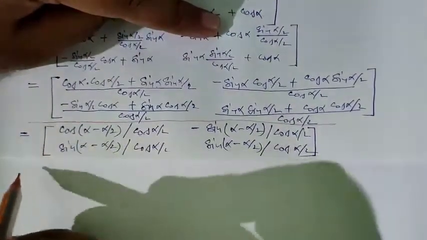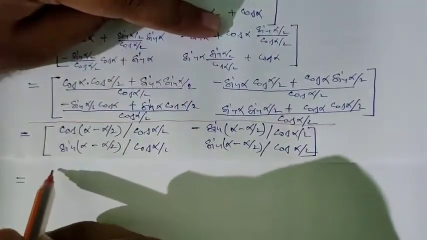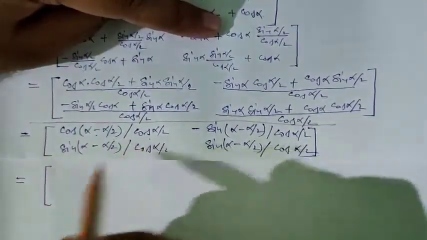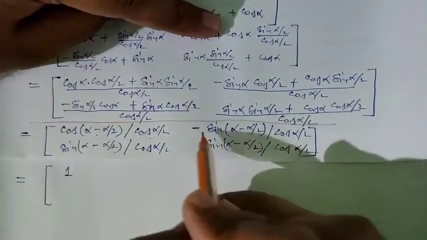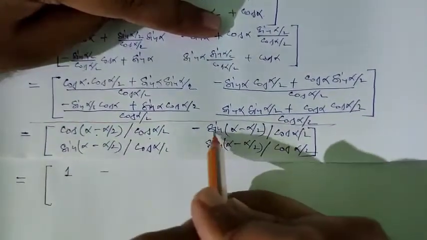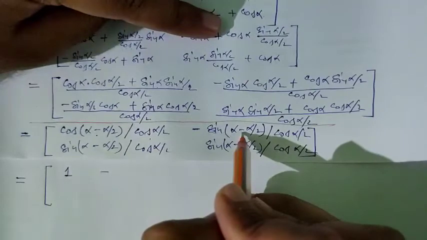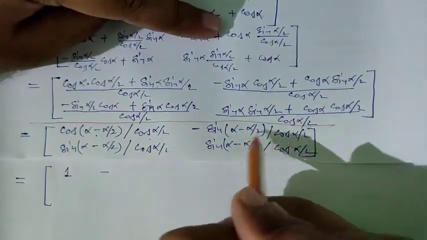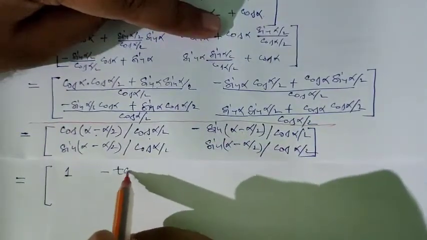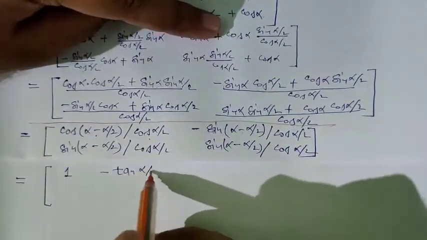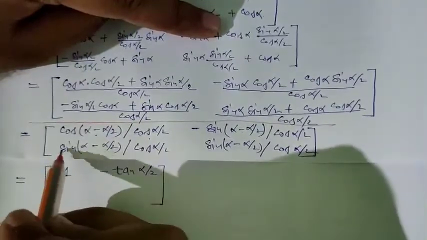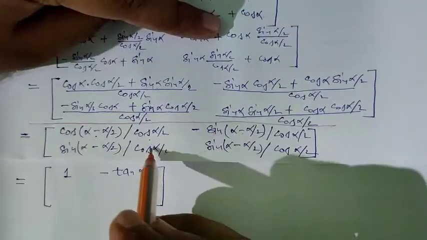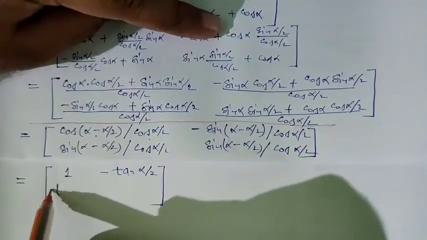After simplifying this, cos alpha by 2 upon cos alpha by 2 will be 1, and minus sine of alpha minus alpha by 2, which is alpha by 2, upon cos alpha by 2, that is minus tan alpha by 2. Sine upon cos is tan. Similarly, sine alpha by 2 upon cos alpha by 2 means tan alpha by 2.